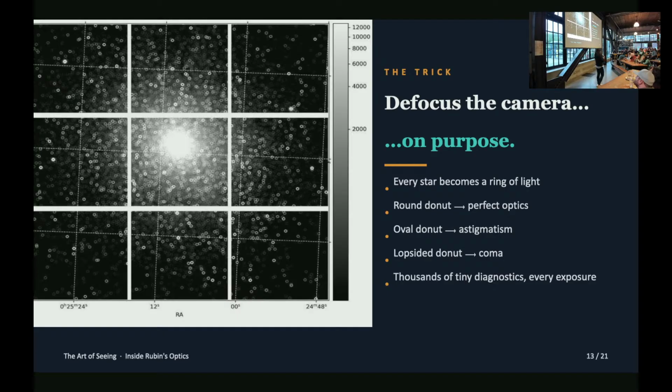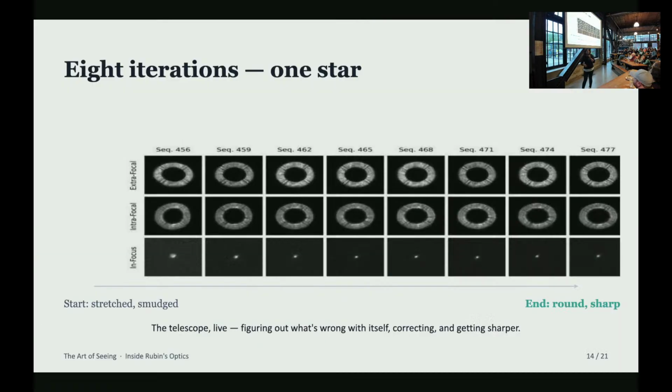But usually you wouldn't see just one effect. It's usually a combination of a bunch of effects that we look at. So here's one of our example cases where we take one intrafocal out of focus image and one extrafocal image, just so that we can tell which way we need to make the adjustments.